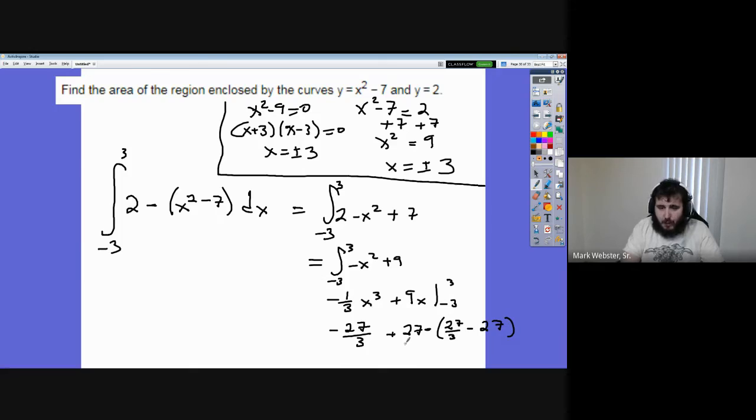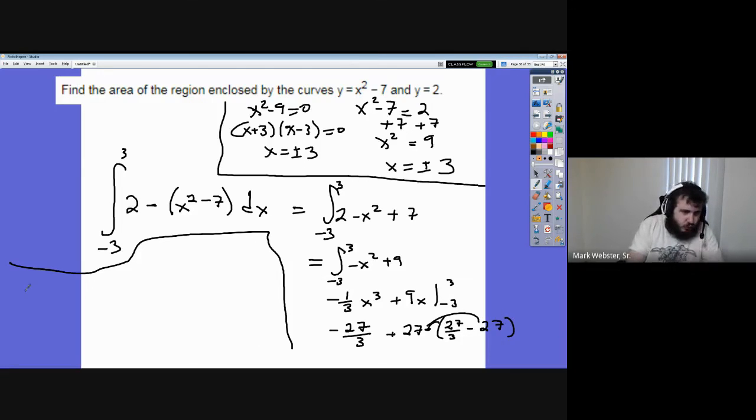So in going through, we're going to calculate this out. It's going to come out nice. This negative sign is going to flip these. So I'm going to collect everything. This is now going to be a plus 27, right? And then the negative 27 over 3 here.